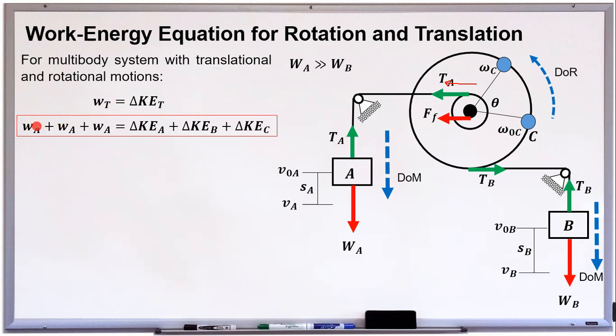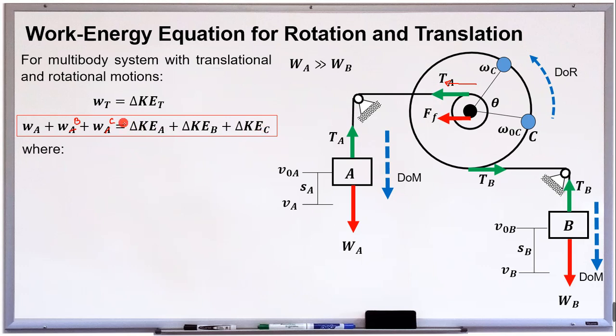So we have WA, sorry, I forgot again to edit this one. This must be WB, this must be WC. So we have the work done on block A, then on block B, and then on the cylinder C. That is also equal to the change in the kinetic energy of these objects, from A to C.